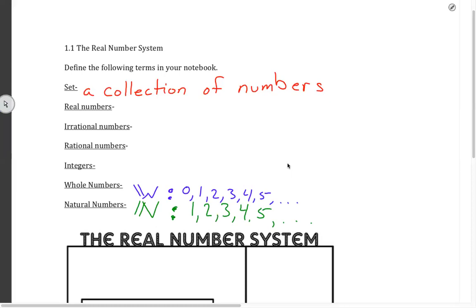There's an infinite number of those, but natural numbers is smaller than whole numbers because 0 is in the whole numbers. But what I'm getting at here is natural numbers and whole numbers, I can't do a whole lot with them.